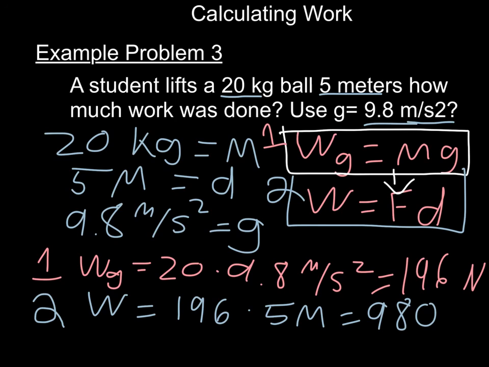And think about it for a second. What's our unit going to be? Yep, our new unit of joules. So here's our final answer, 980 joules. This is the last problem, so go ahead and pause this at this point. Copy this down for your example number 3, and I look forward to helping you in class with these type of problems when we learn to practice calculating work.